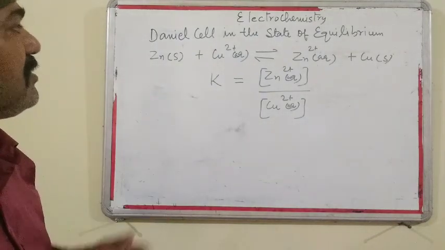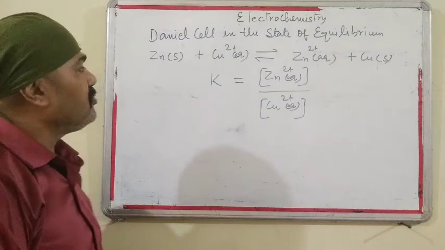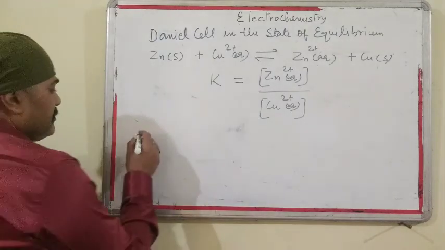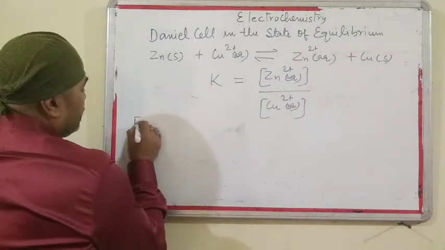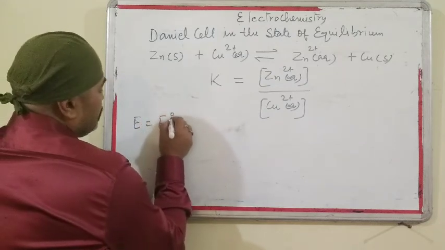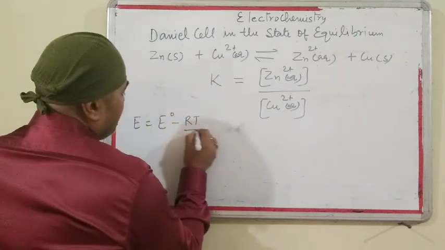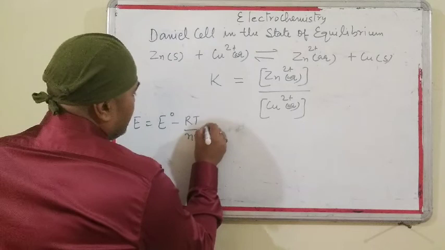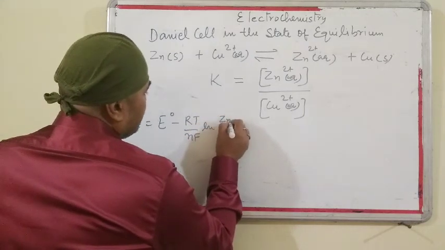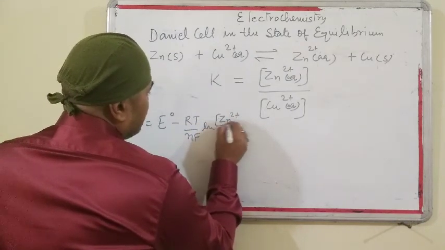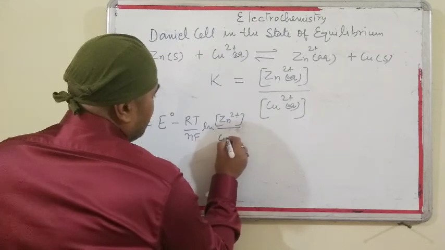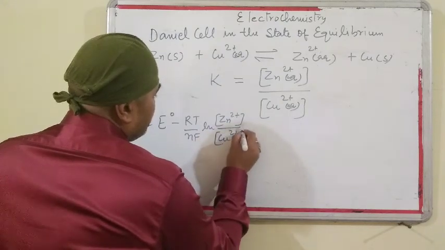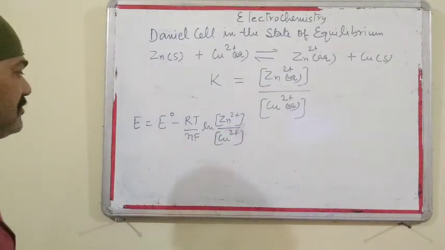Okay, now we consider the Nernst equation for the Daniell cell, that is like this: E equals E0 minus RT upon nF ln [Zn²⁺] divided by [Cu²⁺].